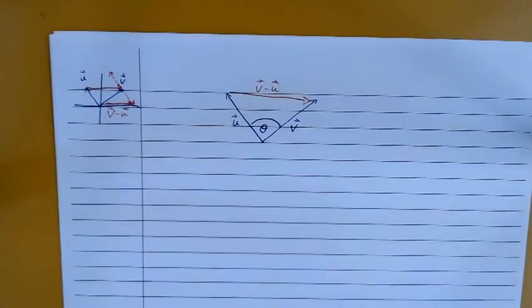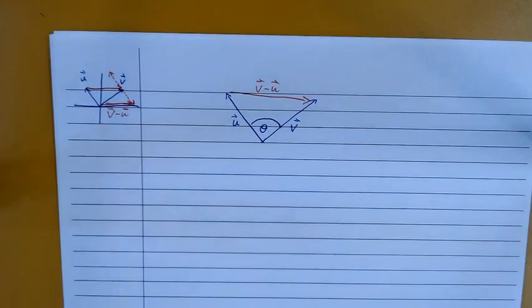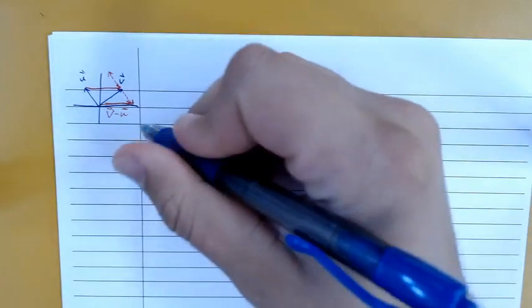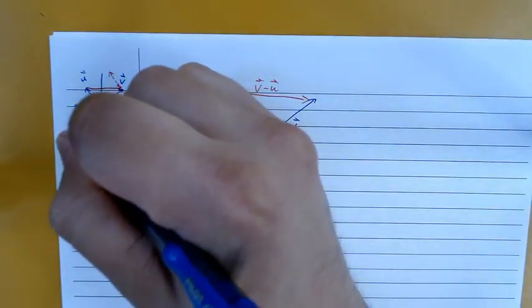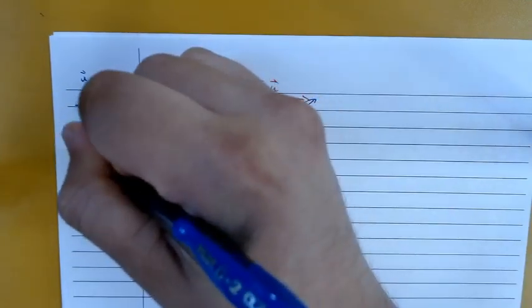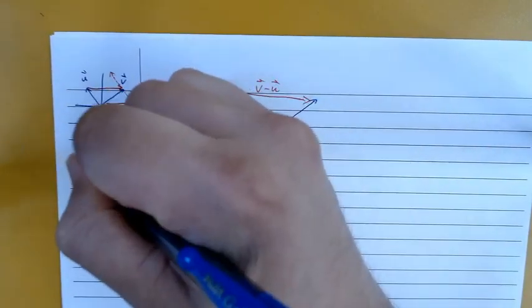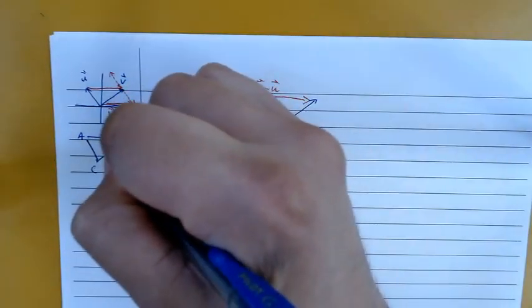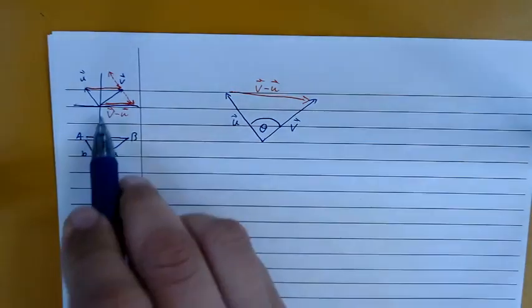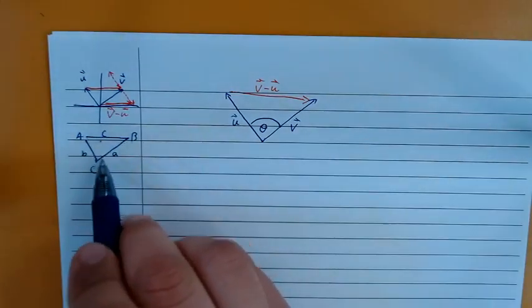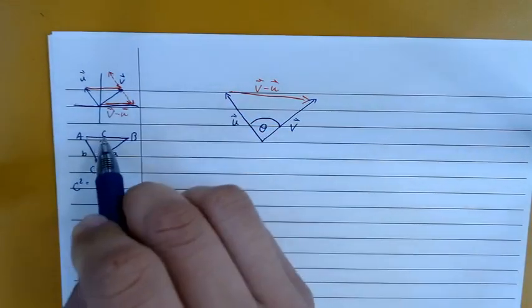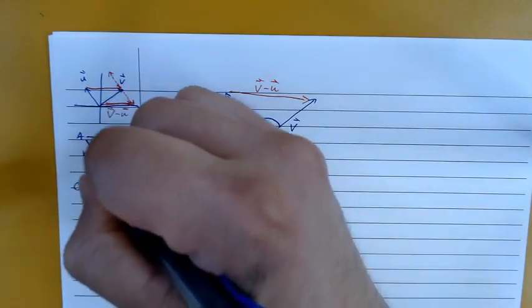So now I have a triangle, which is great because I know trigonometry. I can find the angle between two vectors using the law of cosines. Recall the law of cosines. The law of cosines says if I have a triangle that looks like this, and I call the angles A, B, and C, and I call the side lengths little a, little b, and little c, opposite A, opposite B, opposite C, then the law of cosines tells me that c squared is equal to a squared plus b squared.